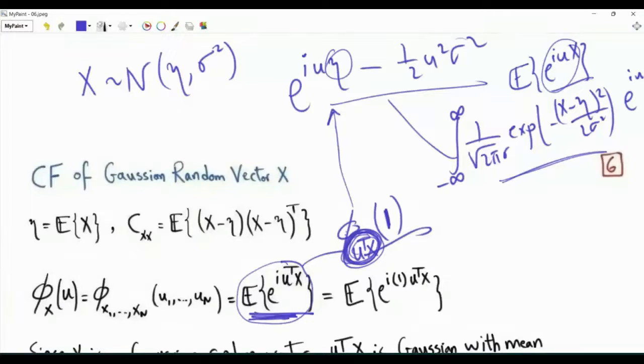Okay, so this is basically the trick that will allow us to write down the joint characteristic function.